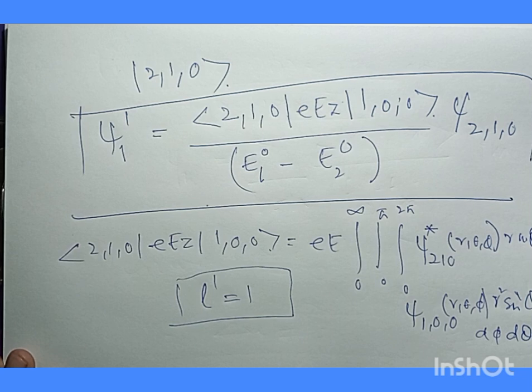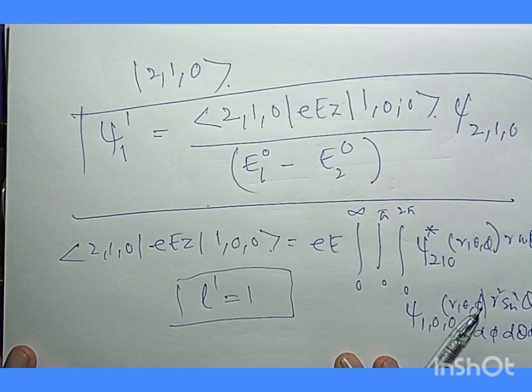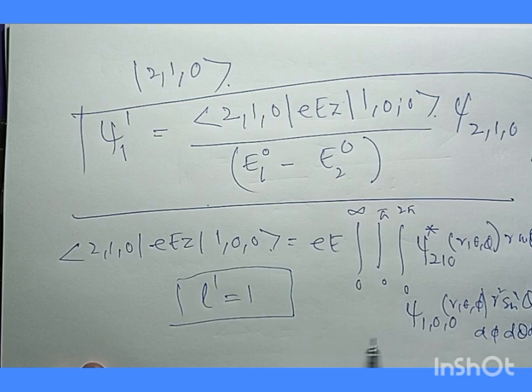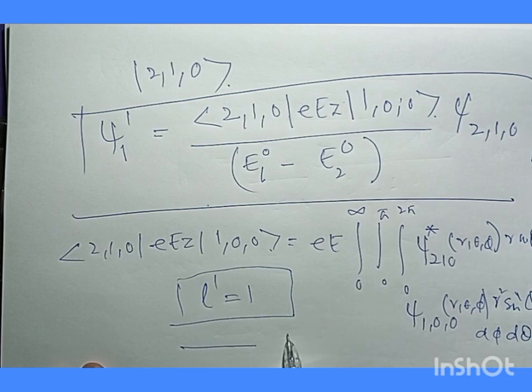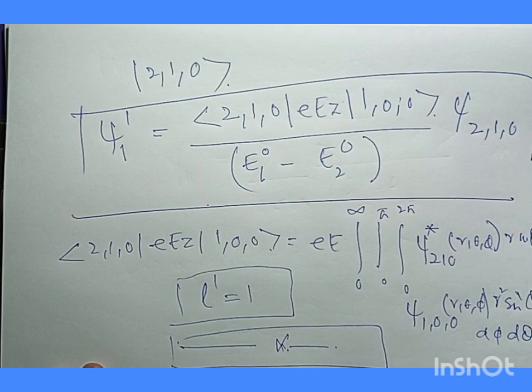So once this integral is evaluated, we get the first order correction to the wave function, and this is how we obtain the first order correction for the hydrogen atom when we subject it to an external electric field in the z direction, assuming it is a weak electric field.